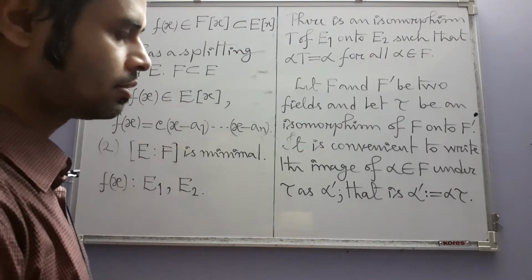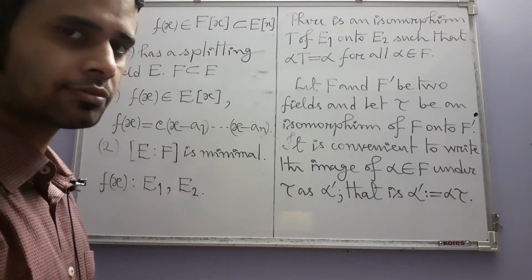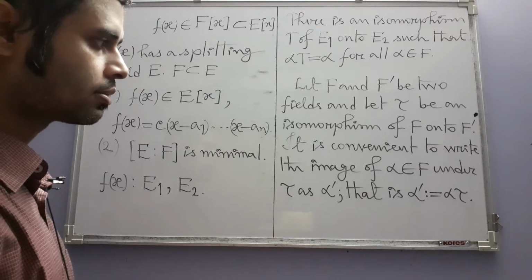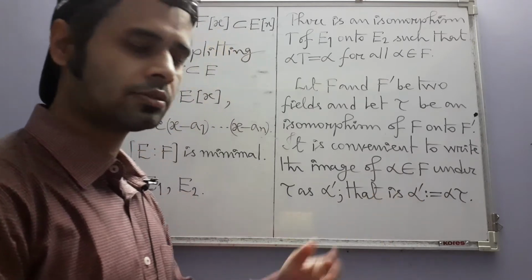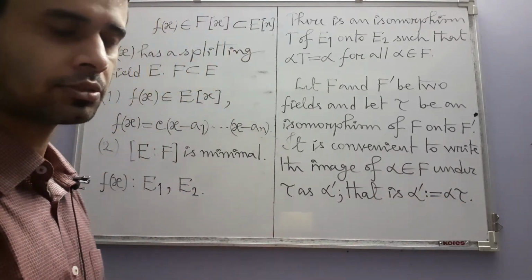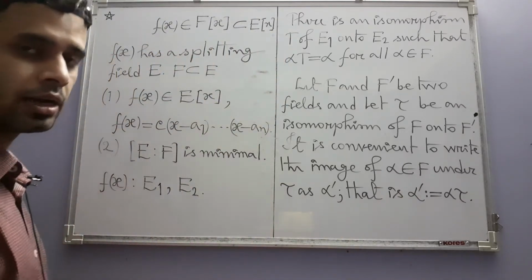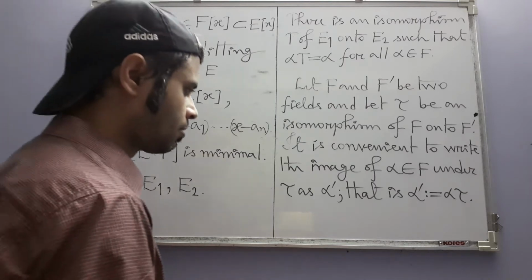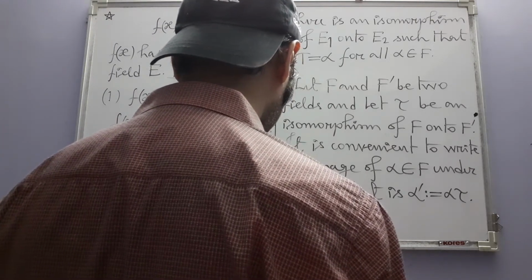Since we will be considering images of the elements in F under tau a lot, naturally it's a little cumbersome to again and again keep writing this tau, alpha tau, beta tau, and so on. So instead this notation is much less time consuming. We shall maintain this notation for the next few pages.